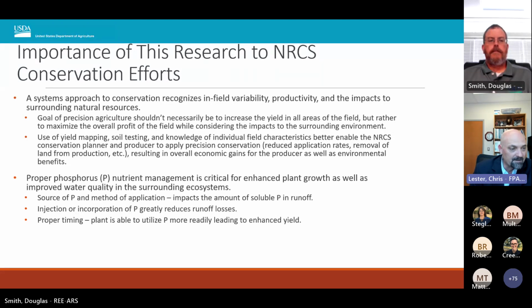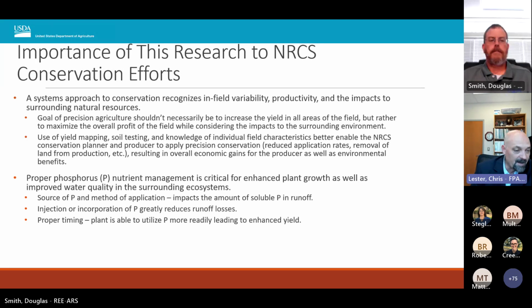Use of yield mapping, soil testing, and knowledge of individual field characteristics better enable the NRCS conservation planner and producer to apply precision conservation, resulting in overall economic gains for the producer as well as environmental benefits.